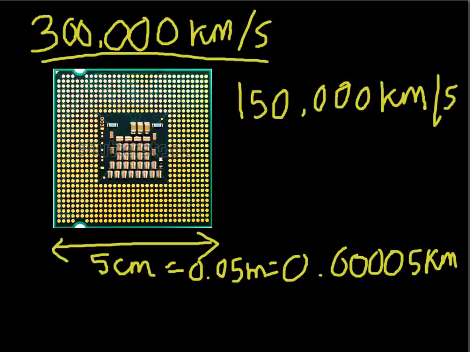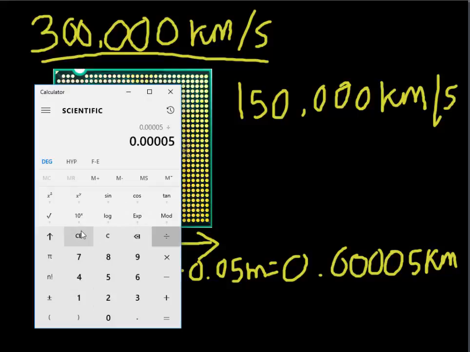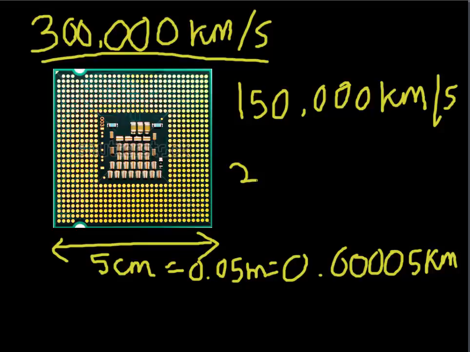Now dividing that distance by speed will give us the time it takes. Divided by 150,000, this many seconds, 3.33 into 10 to the power minus 10 second.